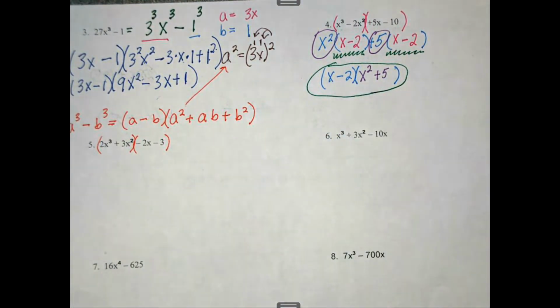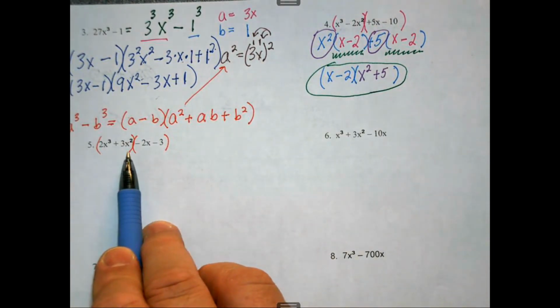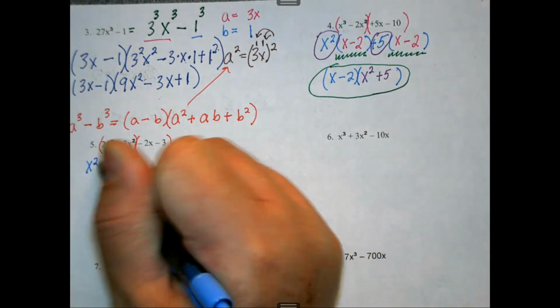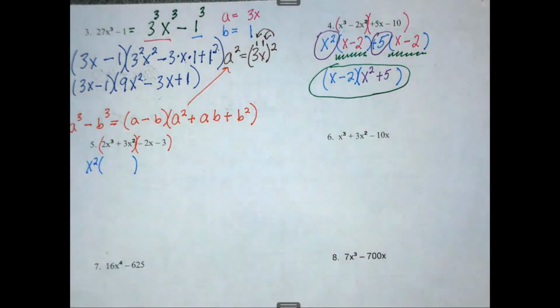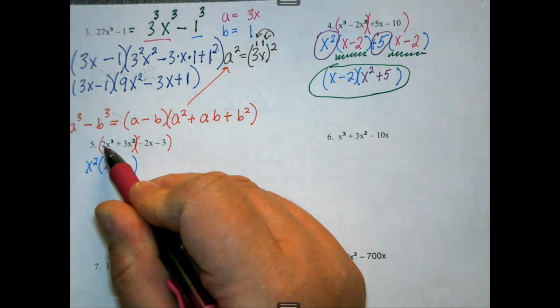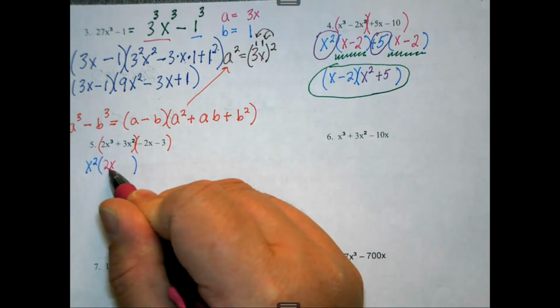Looking at the first quantity here that I created, what can I take out as a common factor? What do I have left over? I need the 2, and I'm taking out 2 of the 3, so I have 2x.